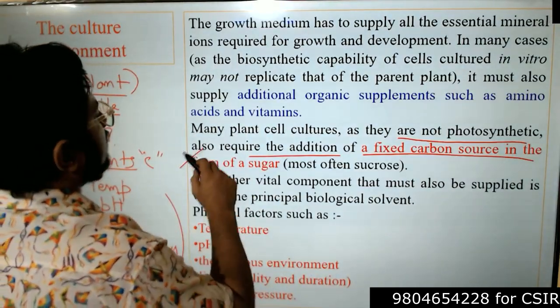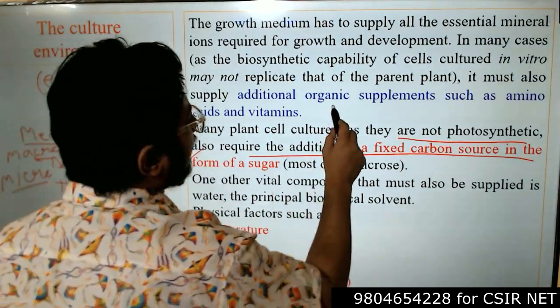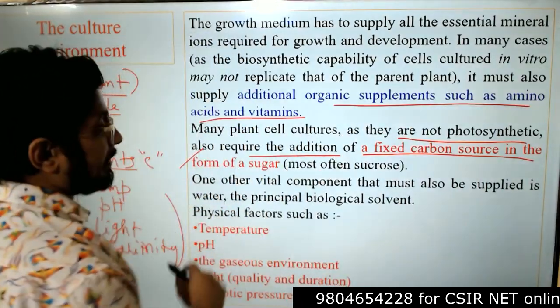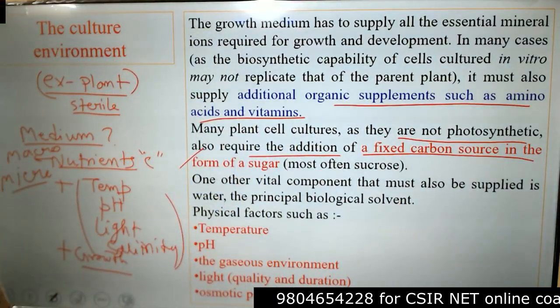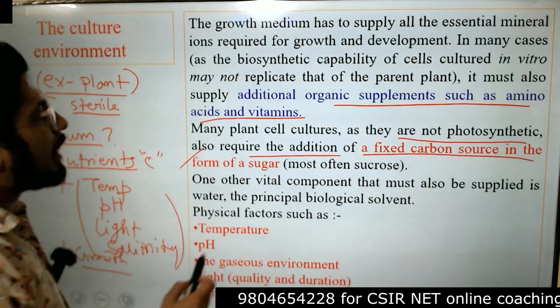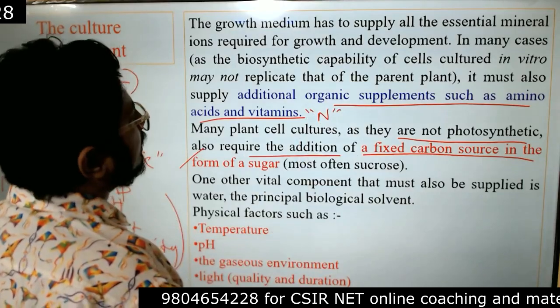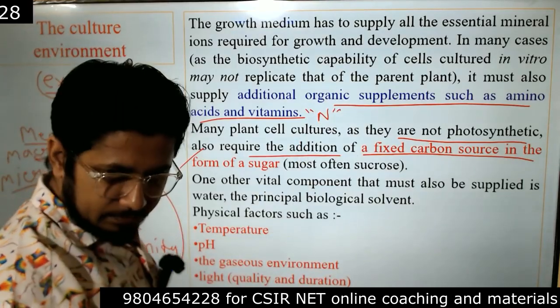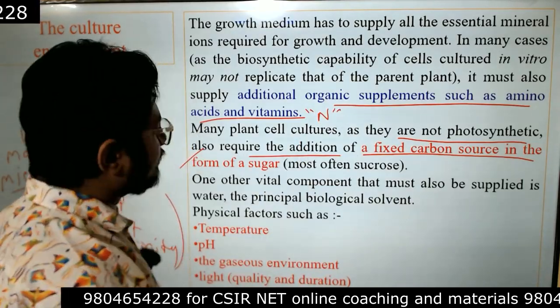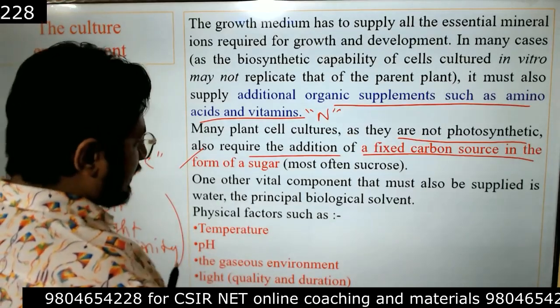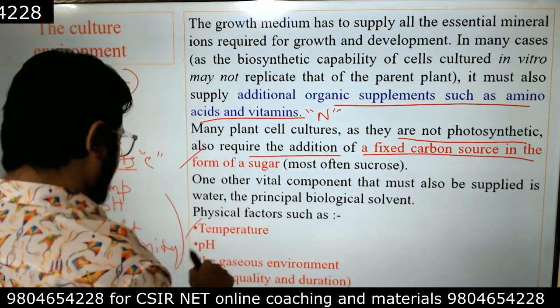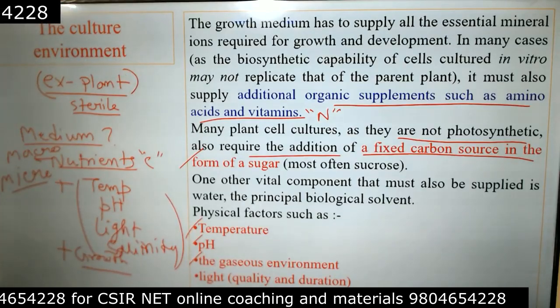Apart from sugar, sometimes you also need to add organic supplements such as amino acids and vitamins, which are rich in nitrogen. So these are nitrogen sources. Amino acids and vitamins are sometimes needed for the enzymes to work properly, and sugar is a carbon source, and then other physical factors: temperature, pH, gases in the environment, light and osmotic pressure.